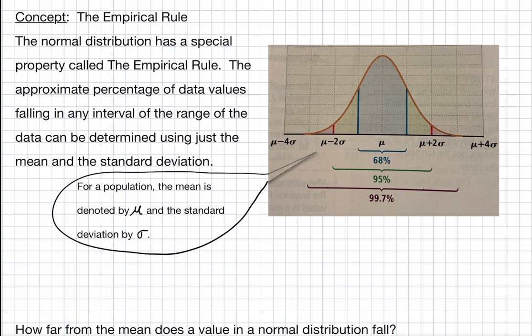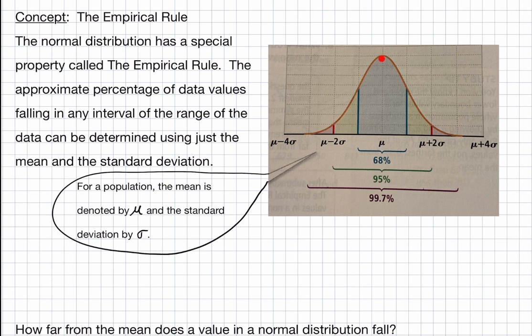Okay, so if we take a look at this normal distribution here on the right, the top or the peak of this picture is our average, and that average or mean is represented by the Greek letter mu, that looks like this letter U. And what we see also is the standard deviation, which is the spread or the distance away from the average.